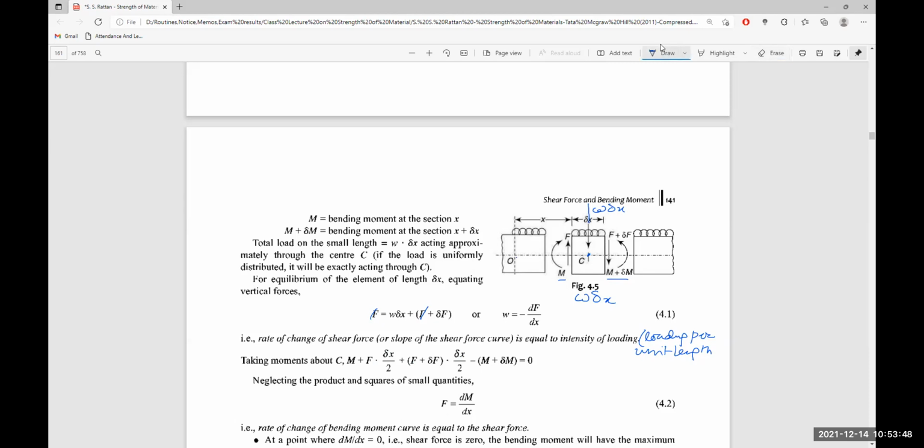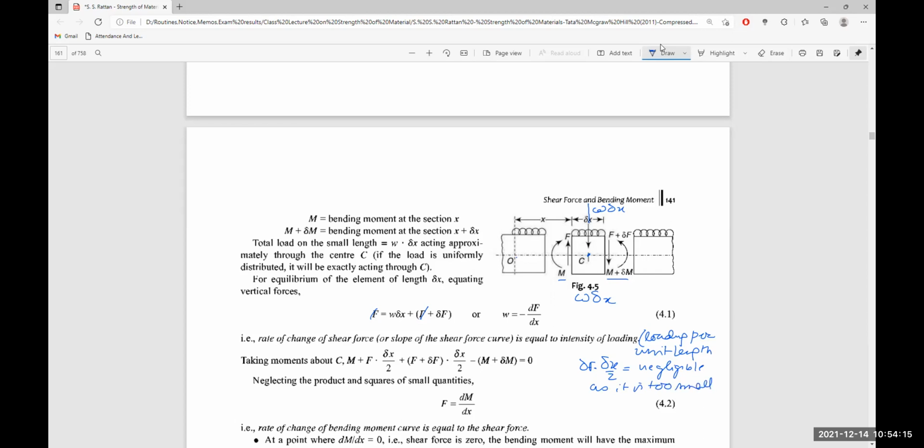F plus delta x by 2 means f delta x plus delta x by 2 into delta x, because delta x delta f multiplied by delta x is too small. That is delta f multiplied by delta x by 2, negligible, as it is too small.